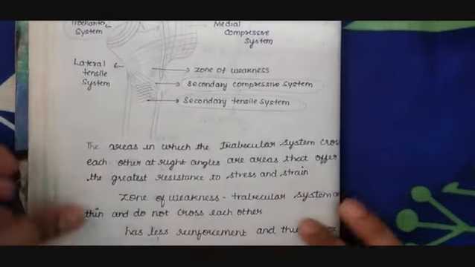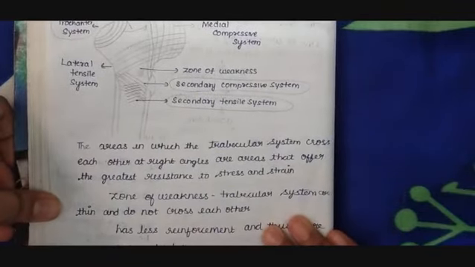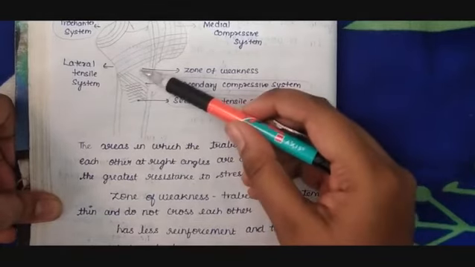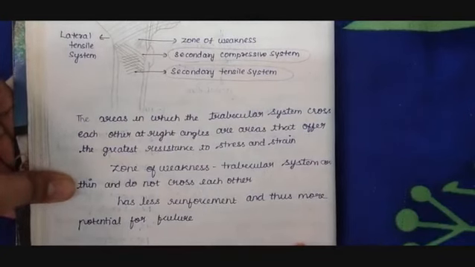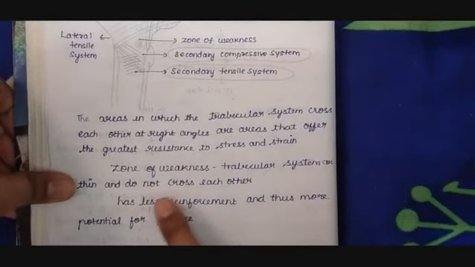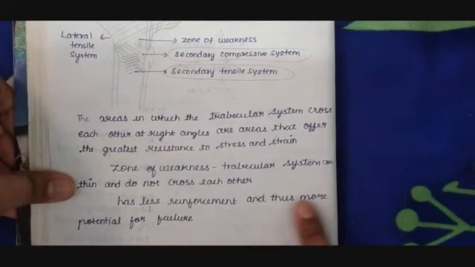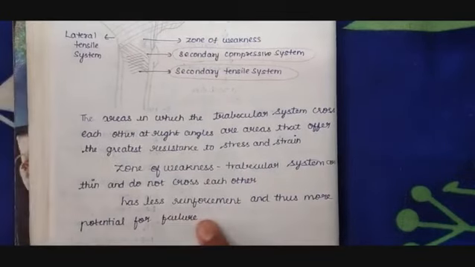The areas in which the trabecular systems cross each other at a right angle offer the greatest resistance to stress and strain. This other area is considered to be the zone of weakness, where the trabecular systems are thin and do not cross each other. This area has less reinforcement and thus more potential for failure.